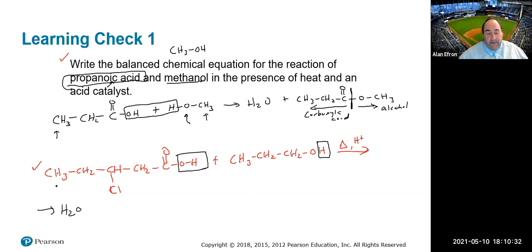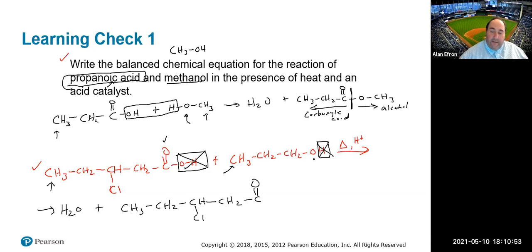Now I'm just going to start here on the left and work my way over. So that's CH3, CH2, CHCl. Nothing changing. So that brings me to here. Again, I'm going to take out the water. I'm going to take out the hydrogen to make the water. Important, not going to connect here, but it does need to connect at the oxygen, which means we should have the oxygen, the CH2, CH2, and CH3.